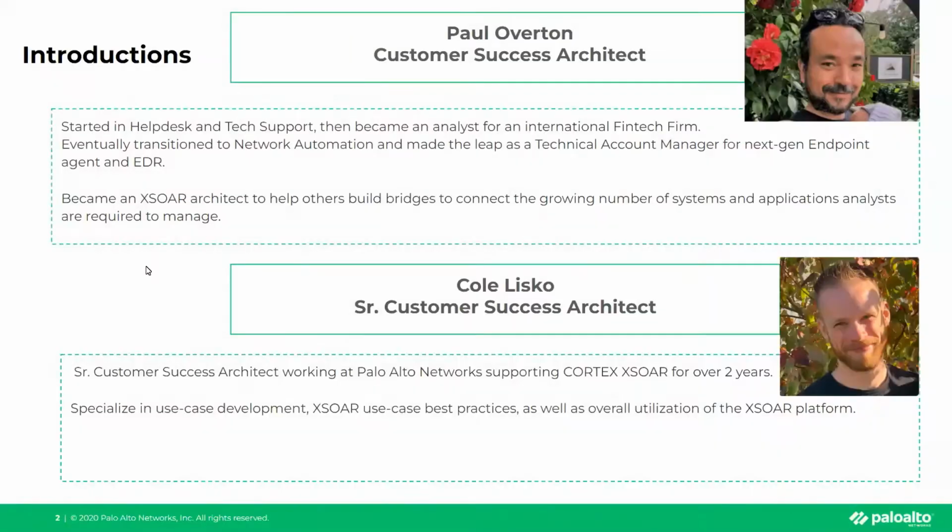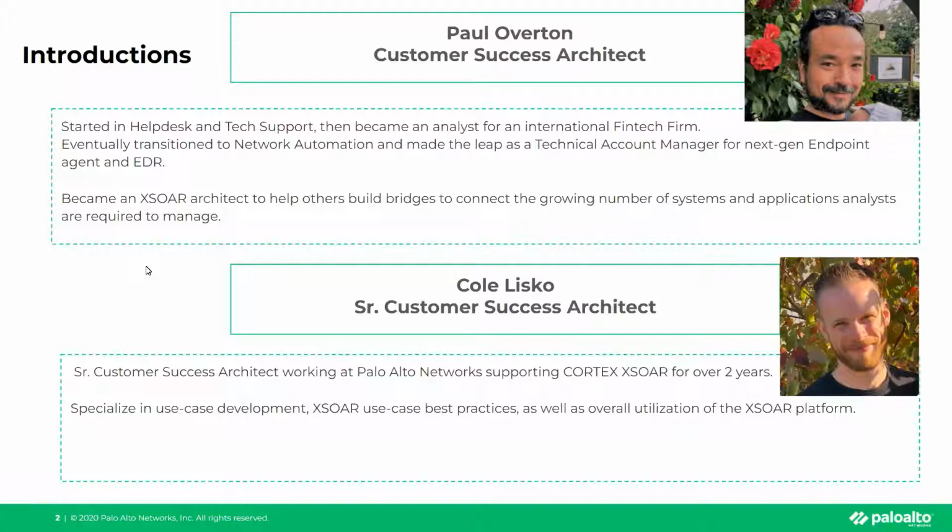Okay, so first start off with introductions. My name is Paul Overton. I am a customer success architect. A bit about me, I started in help desk and tech support, eventually moved into becoming an analyst at FineTech. Then after that, I moved into network automation and then became a technical account manager for endpoint agent and EDR.